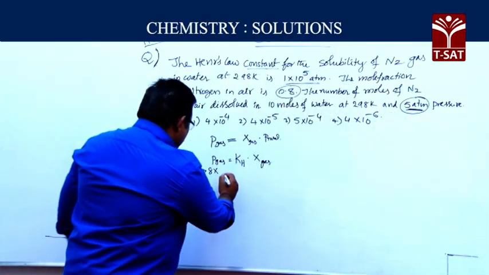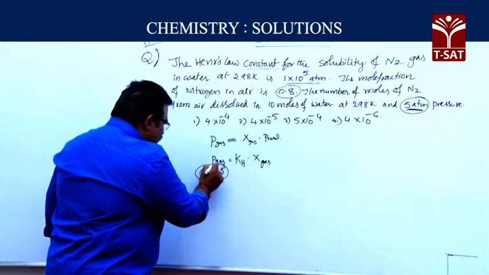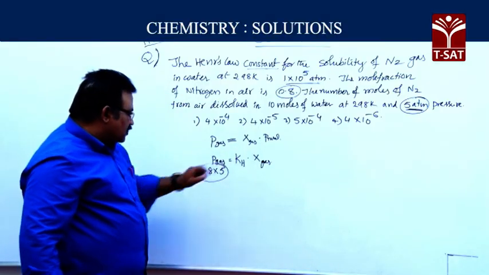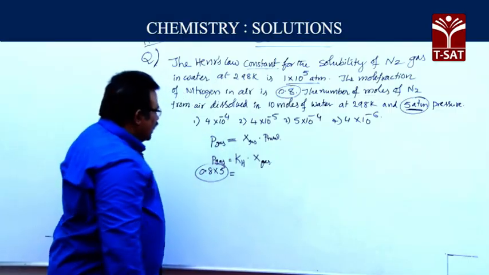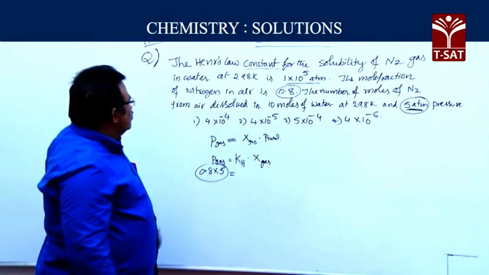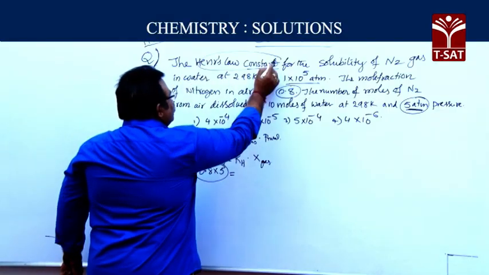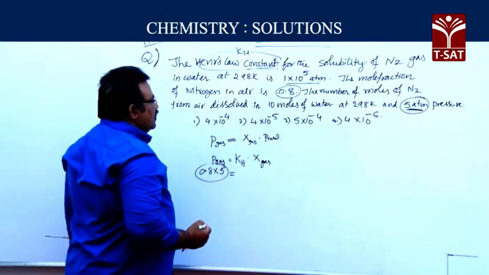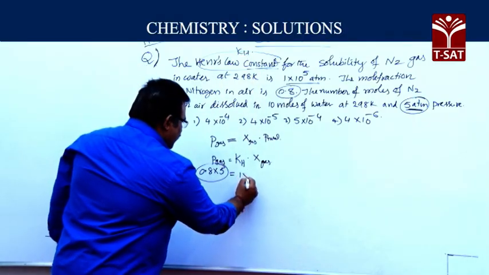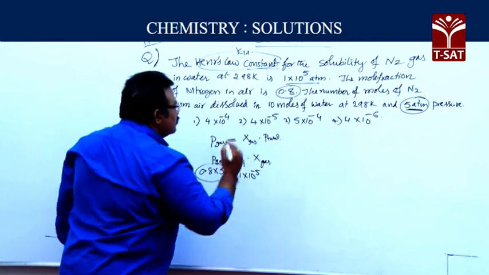Total pressure is how much? 5. This is equal to the partial pressure of the gas. And in this question, Henry's law constant KH was given. How much? 1 into 10 power 5.